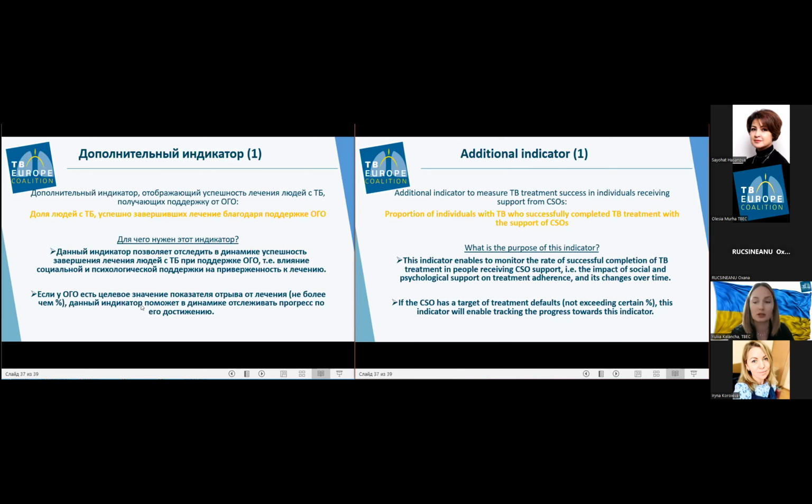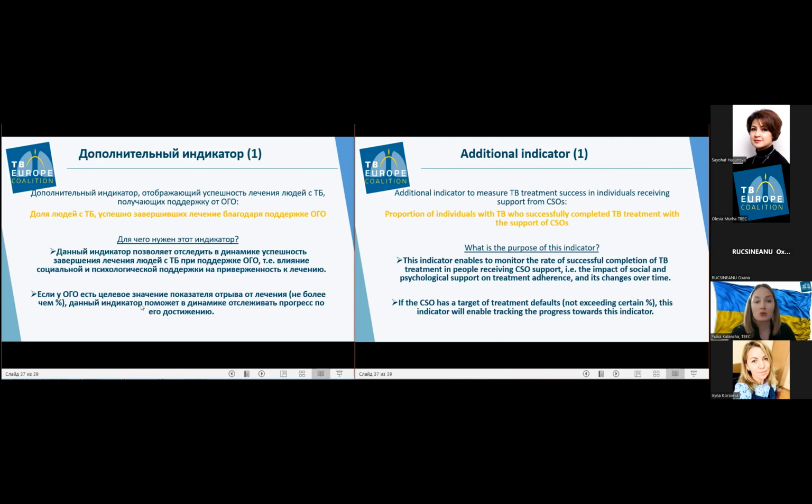But we need to take into account the context and unique specific features of each country, because Oksana, each time you address very important issues that highlight how unique the system in your country is in particular.